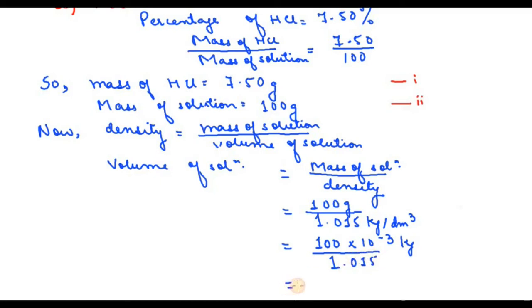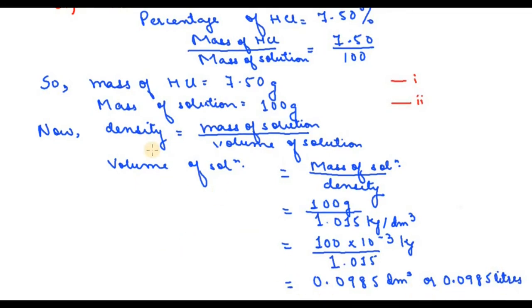So this comes out to be 0.0985 decimeter cube, or 0.0985 liters. 1 decimeter cube is equal to 1 liter. So we have volume of solution is equal to 0.0985 liters. We can mark it as equation number 3.